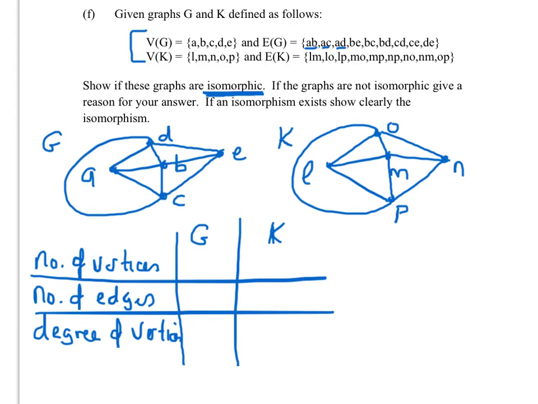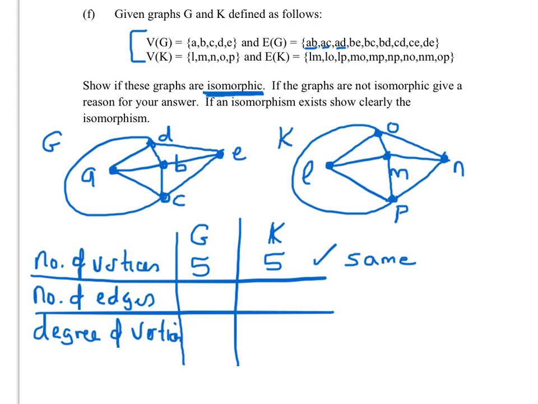So the number of vertices for graph G, it's A, B, C, D, E. There's 5 vertices. If you look at the vertices for K, there's 5 of them as well. So they're the same, which is a good thing.